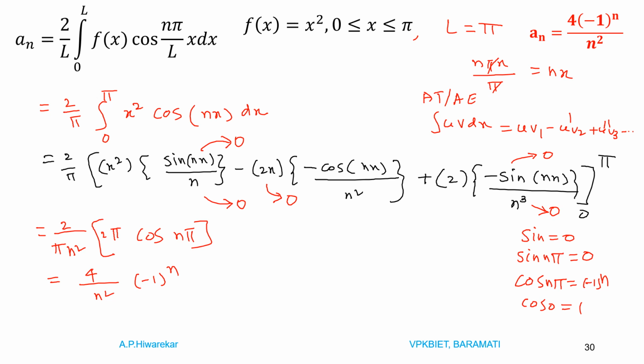Finally, we'll calculate the value of f(x), which is given by f(x) is equal to a0 by 2 plus sigma an cos of n pi x by l, with n is 1 to infinity. The value of a0 we got as 2 pi square by 3.